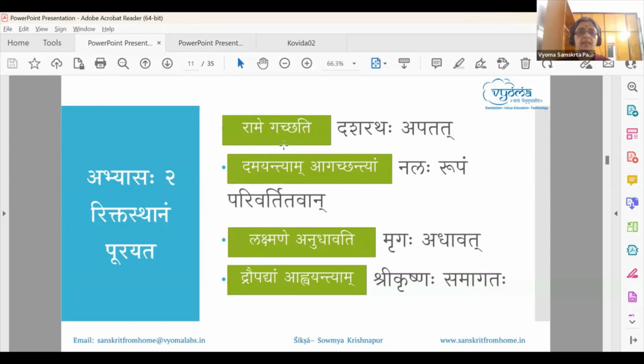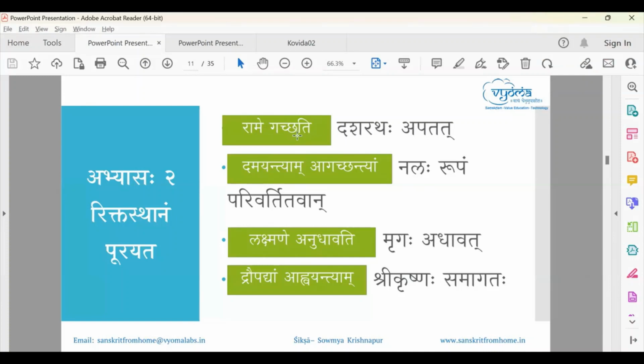So if you say Yada Ramaha Gachan Asit, Tada Dasharatha Apatat, you're using Yada and Tada to connect the two sentences. And there are two verbs. Now, the same thing you're using Sathi Sapthami and using it as a single sentence where Apatat is the only verb in the sentence. Rame, Gacchati are both nouns. Okay, dhanyavadagalu. So we can go to the next slide. We can.